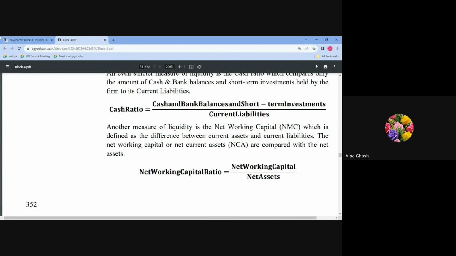From your total current assets, cash and bank balance and short-term investment, we take all other debtors, provisions, inventory, all are subtracted from current assets and divided by current liabilities. So cash ratio, it only gives you to take cash, bank, and short-term investment. This is the actual liquidity position of your firm.